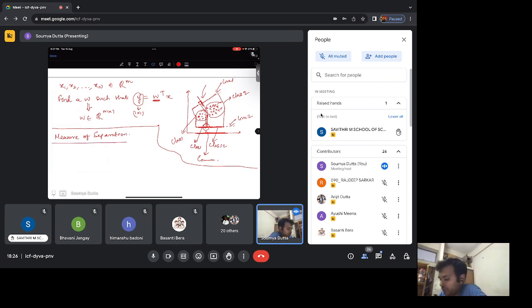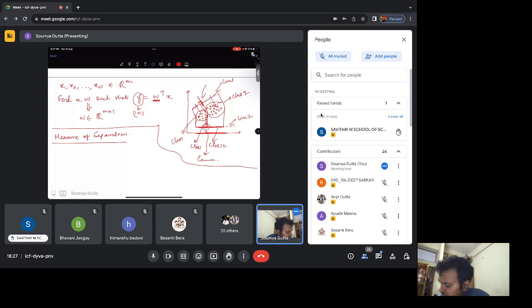Okay, so what do we mean by measure of separation? When you looked at line 1 and line 2, the projections onto line 1 and line 2, you were actually thinking about the measure of separation in your mind. There can be other ways of formulating this measure of separation, but I will go ahead with the most common way of formulating it.